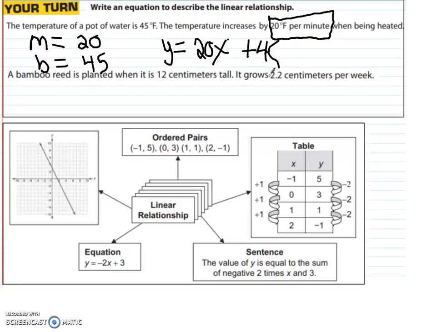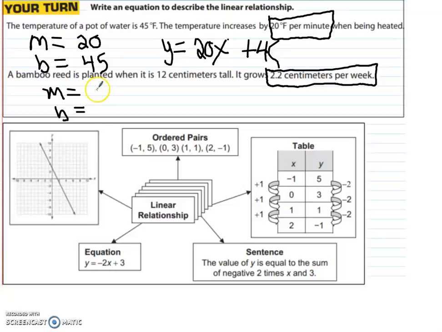So the next one, a bamboo reed is planted when it is 12 centimeters tall. It grows 2.2 centimeters per week. So we need the constant rate of change. So we need an m, we need a b, and we need a y.